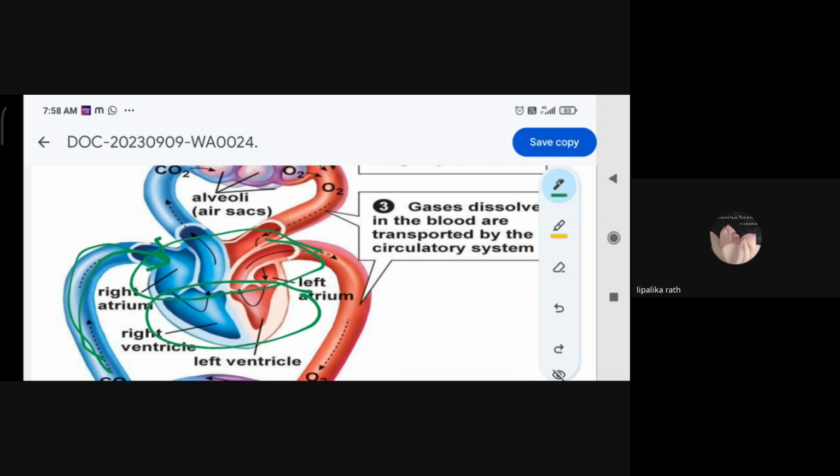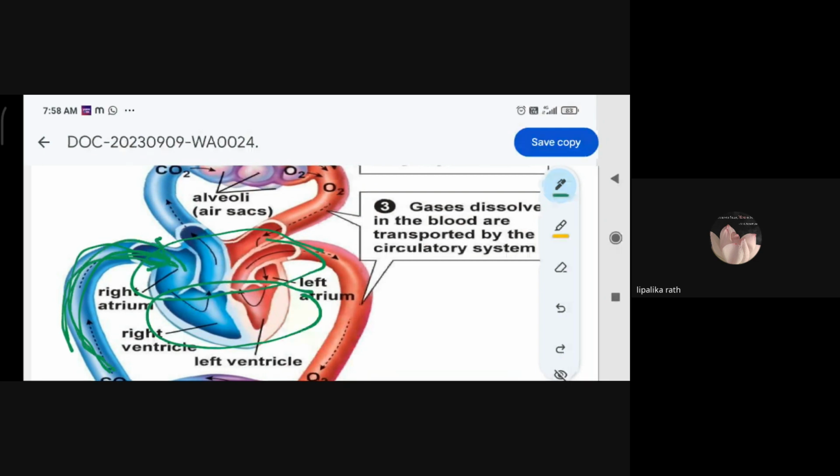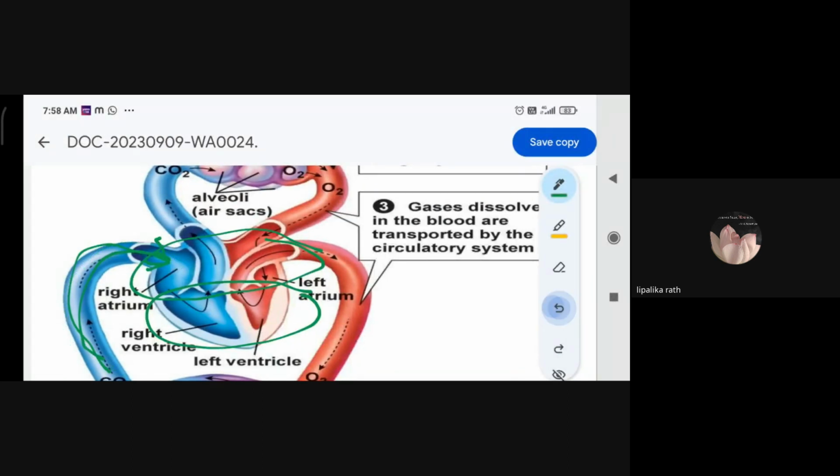The vein enters the right atrium. Here you can see the vein is coming to the right atrium, and from the right atrium the blood is transferred to the right ventricle.